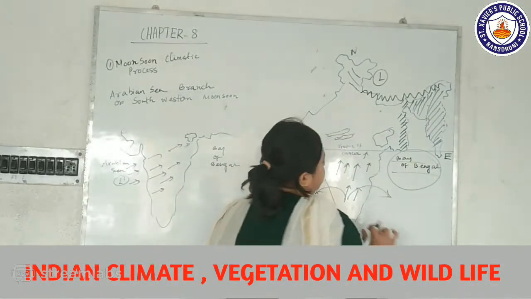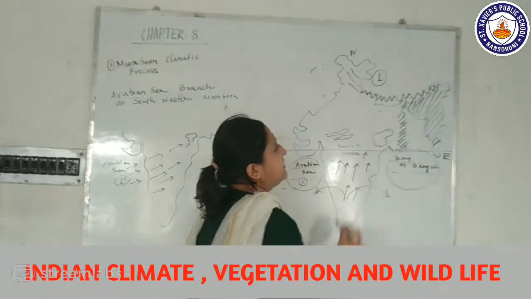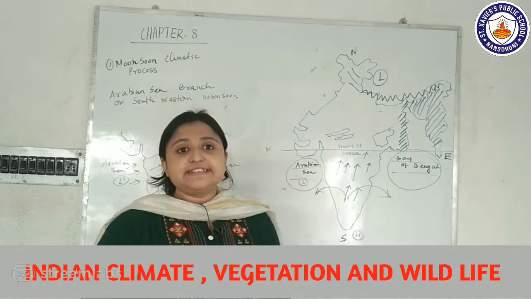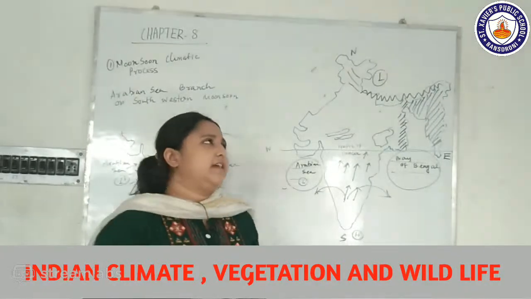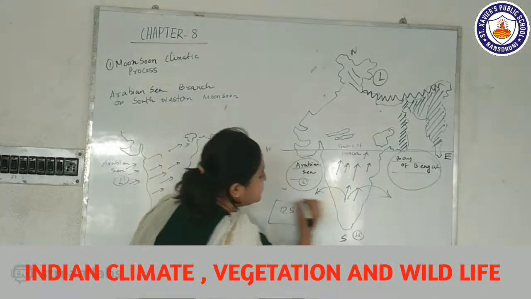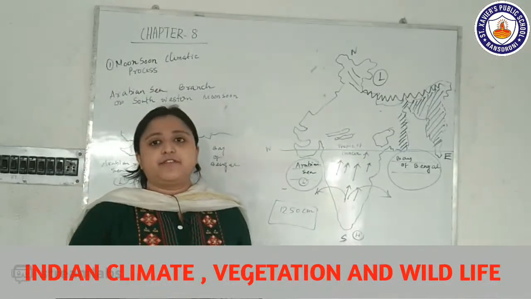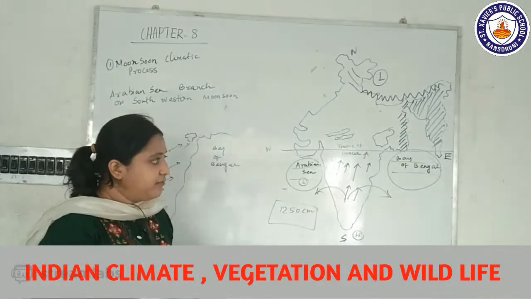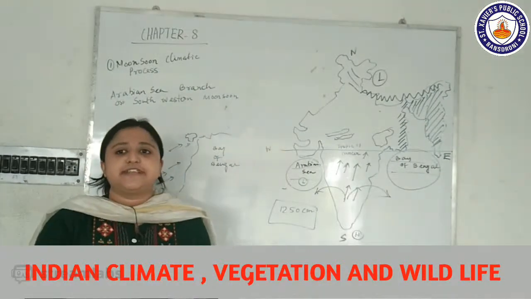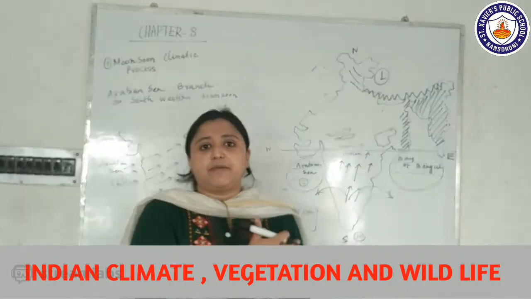So in that part, we know that in the northeastern side there is a region, Cherrapunji, which receives the highest rainfall, near about 1250 centimeter, and it is situated on the windward side of the mountain. And Shillong is another place, also situated in the northeastern side, but on the leeward side of the mountain region.